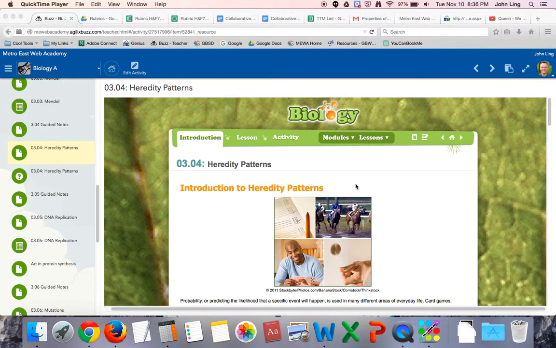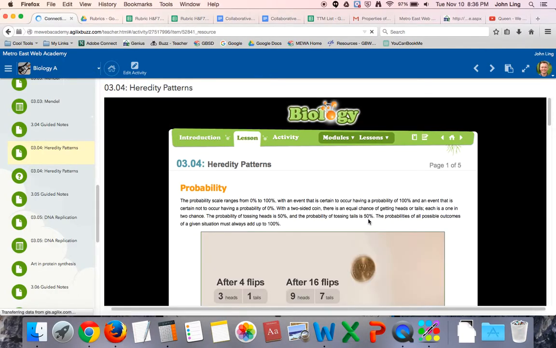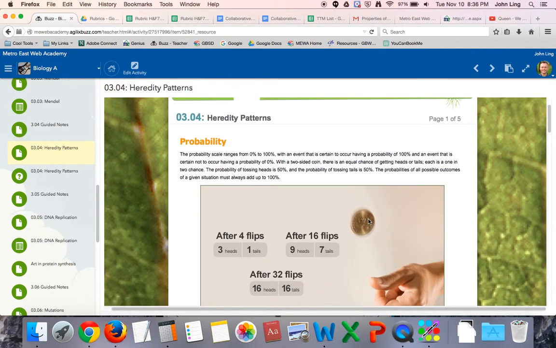Heredity patterns, basically what you're doing in heredity patterns is discovering the probability of a certain genetic outcome. So if you cross two different individuals, hopefully within the same species, and you produce offspring, what are those offspring going to look like?